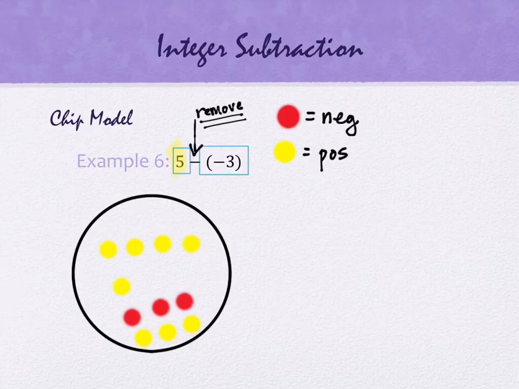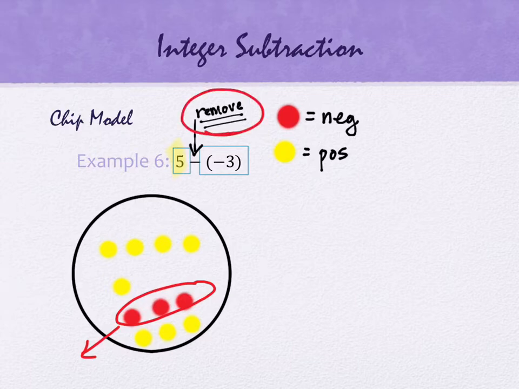Now I could add infinitely many blacks and reds and yellows and whatever color I'm using, as long as I'm putting them in both at a time. It starts out with nothing in it. I put in my 5, and I need to make sure that there are 3 reds to take away. I now have 3 reds to take away, so I'm going to remove the 3 reds because it says to. It says I'm supposed to remove my 3 negative pieces.